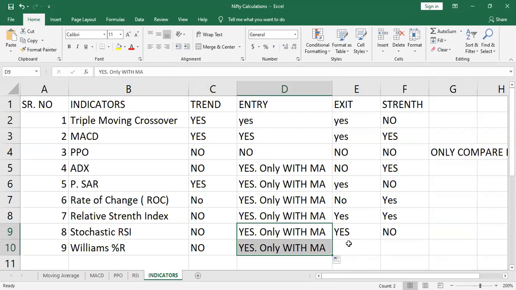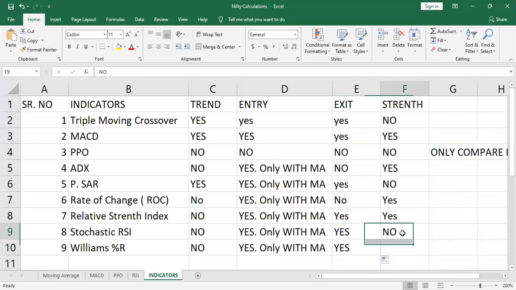Then exit, the answer is yes. You can find the strength using this Williams percent R, so the answer is yes. You can immediately check overbought, oversold, or whether the movement is strong or weak.